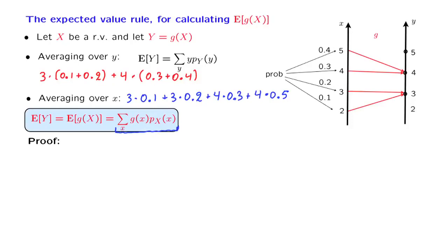It's a sum over all x's. Let us first fix a particular value of y and add over all those x's that correspond to that particular y. So we're fixing a particular y, and so we're adding only over those x's that lead to that particular y, and we carry out this summation.